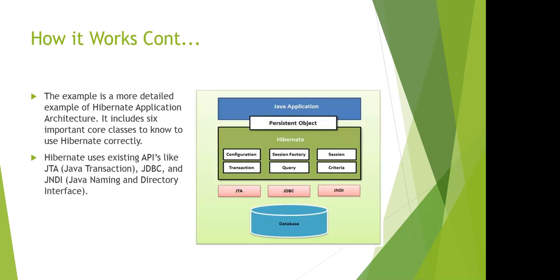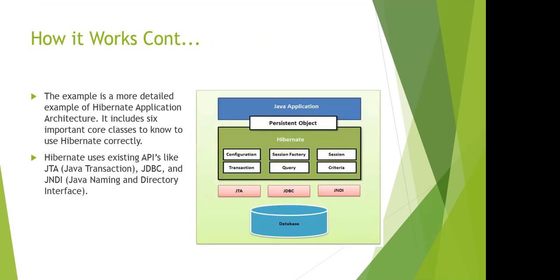So here's a more detailed example of how that really works, what classes Hibernate contains, and Java pushing through an object, and the APIs that change the object to a SQL language.